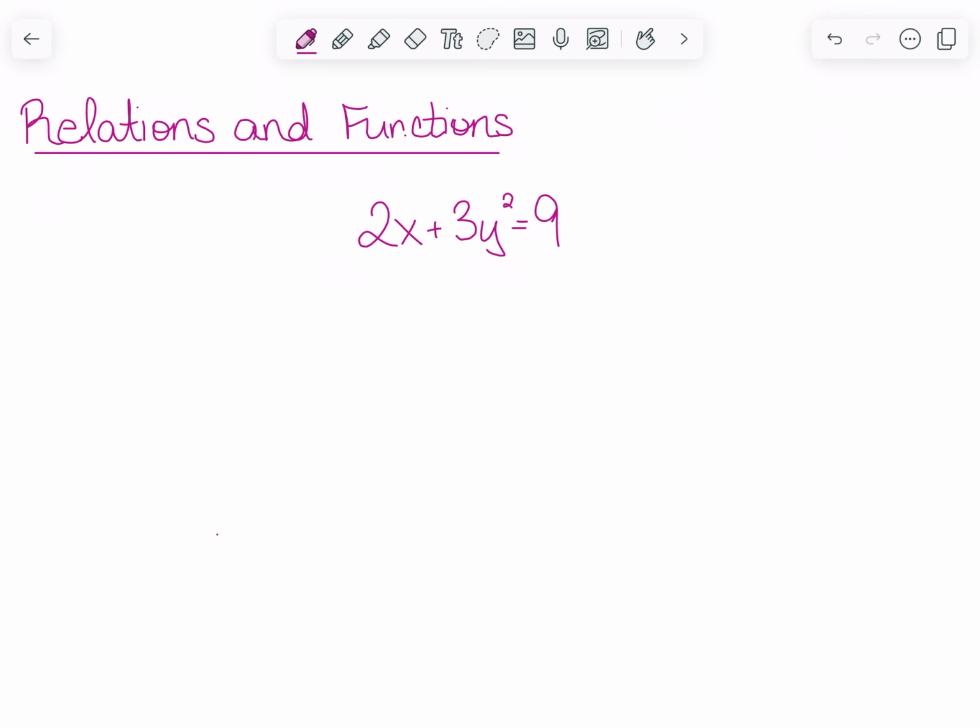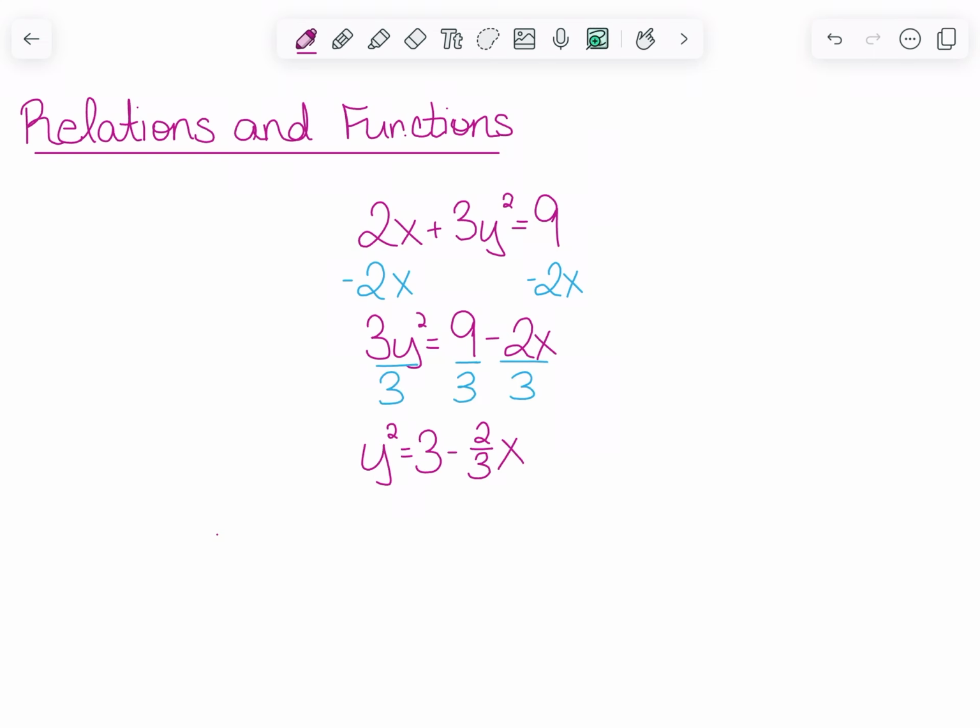Next, let's consider the equation 2x plus 3y squared equal to 9. This time, if I want to solve for y, the first step would be to subtract 2x from both sides. I would then have 3y squared equal to 9 minus 2x. The next step would be to divide everything by 3. When I do that, I get y squared equal to 3 minus 2/3 x.